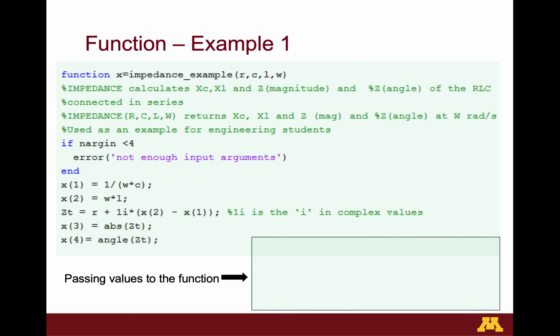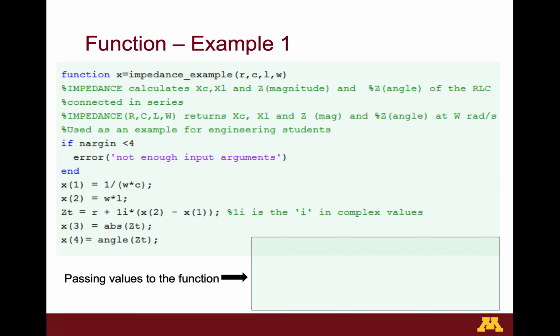So here is the code we use for defining the function and executing the code to compute the impedance. As mentioned, the first line is the definition of the function. Function x equals impedance example.